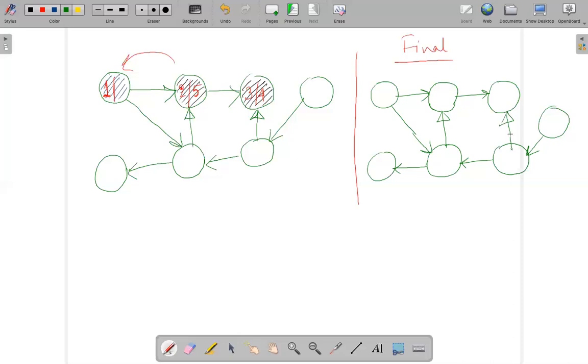So at this point, in the final snapshot, everything will be black.